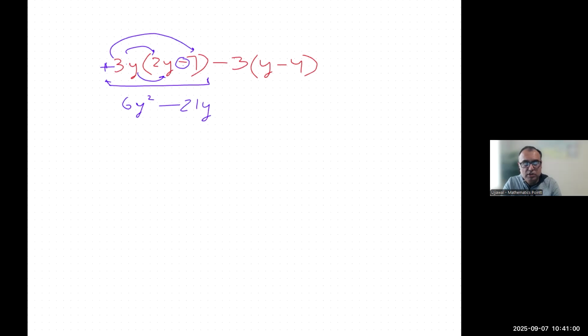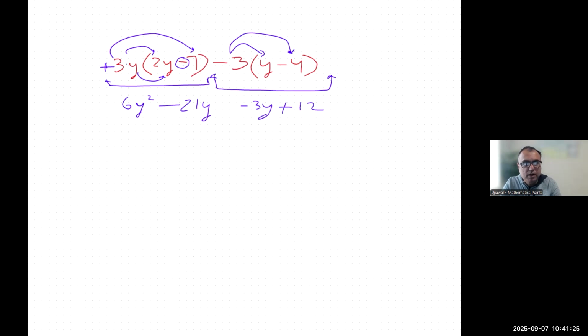Now this expression is sorted. Let's sort this expression out with the negative here. Negative 3 times y is negative 3y. And then negative 3 times 4 is positive 12. And now let's combine the like terms.